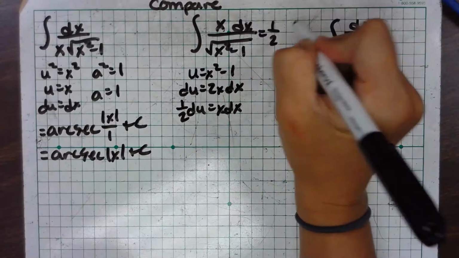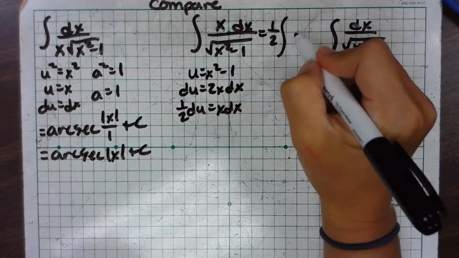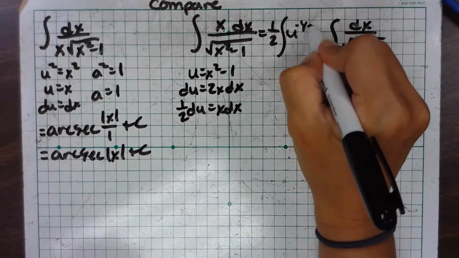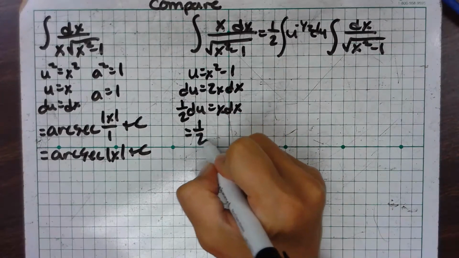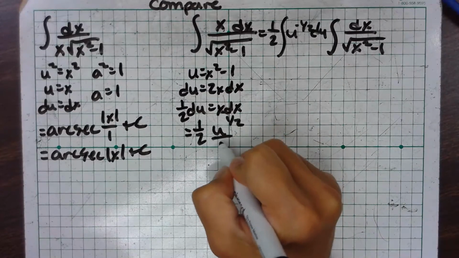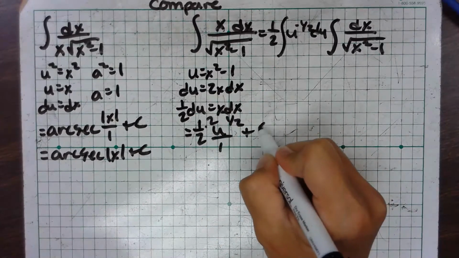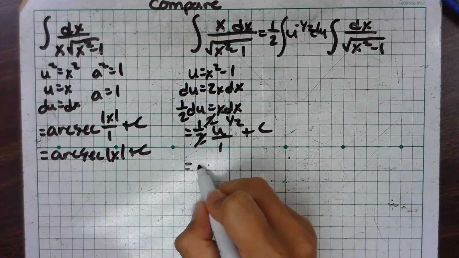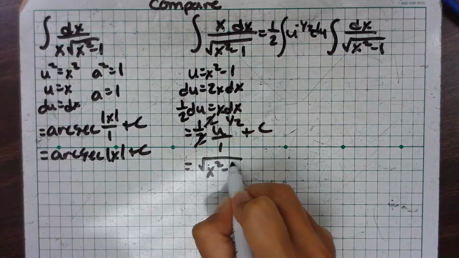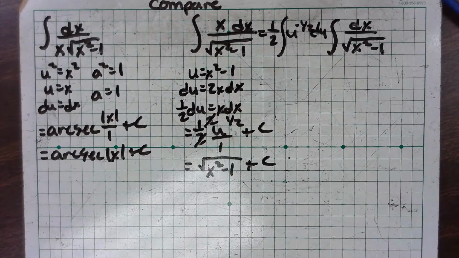So here this would be 1/2, and really this would be u to the negative 1/2. So when I do it, it's going to be 1/2 u to the 1/2 divided by 1/2. The 2's cancel, and I can replace the u. So really this is just square root of x squared minus 1 plus c.